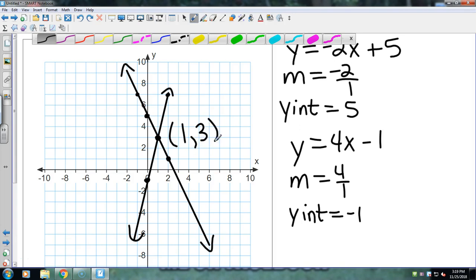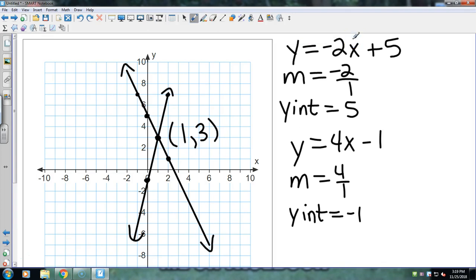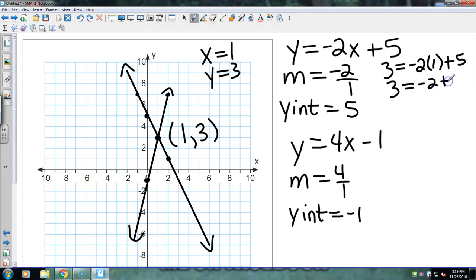Now, we can check real quick to make sure that works. So let's go up to the top one. My x value is 1, y value is 3 of my coordinate. So is 3 equal to negative 2 times 1 plus 5? Is 3 equal to negative 2 plus 5?